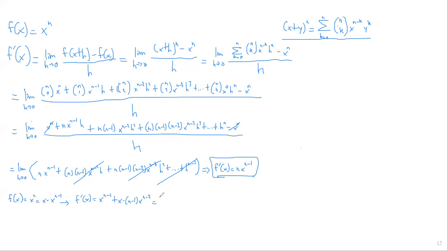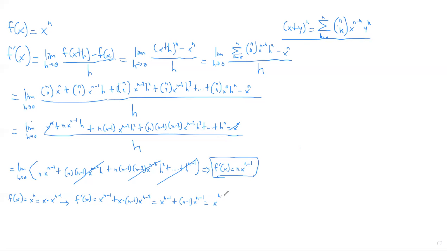Okay, and then that is equal to x to the n minus 1, let's simplify a bit, plus n minus 1 times x to the power of 1 times x to the power of n minus 2, which is x to the power of n minus 1 in the second term. And you can factor out an x to the n minus 1 on both terms here.